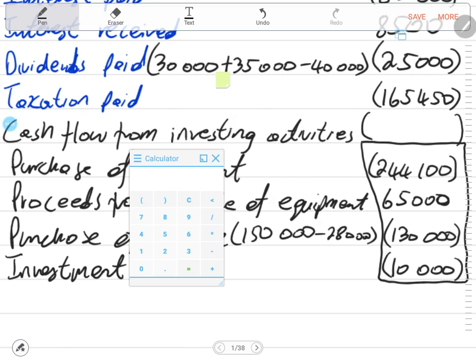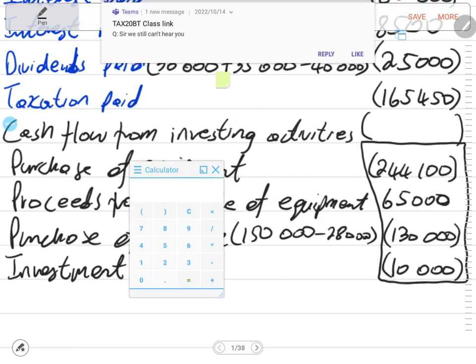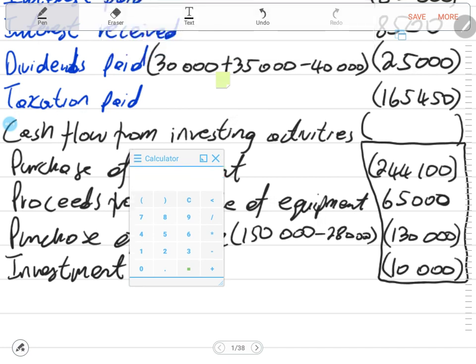The other one that can be under your current assets is your short-term investments. If you do have short-term investments, that is under your current assets. That short-term investment also gets recorded here under cash flow from investing activities, depending on whether money went out or in.